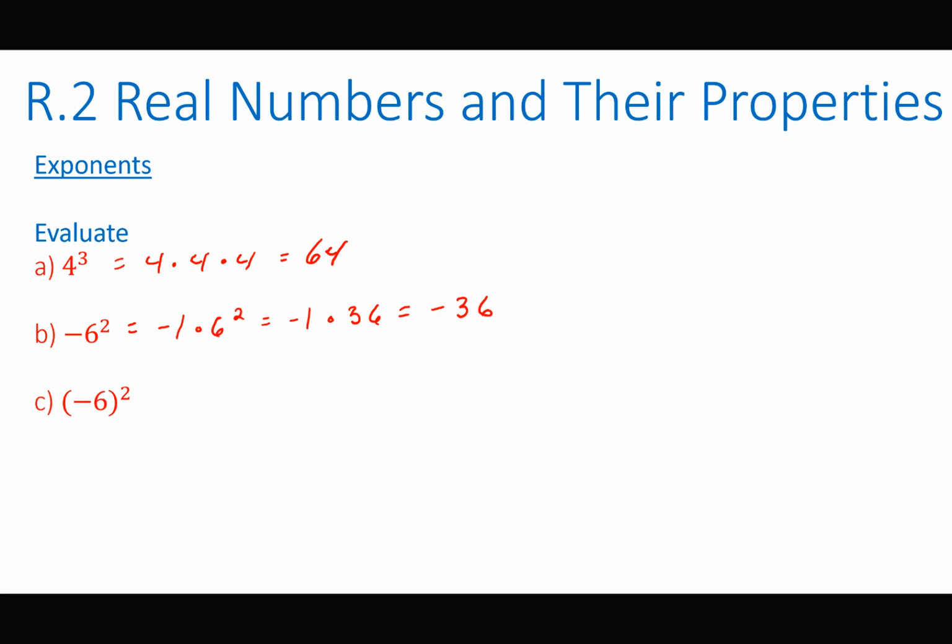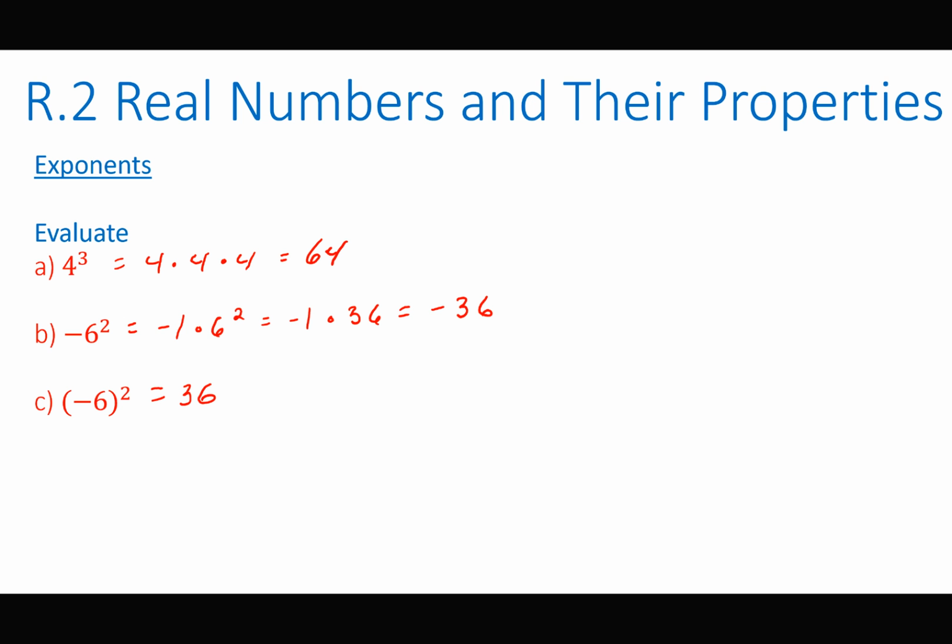If you just wrote down -6 squared, I would do 6 squared times -1. But if you told me in parentheses -6 squared, that does become a +36. So whenever you're doing squarings of negative numbers in your calculator, always put them in parentheses and then it won't go wrong.